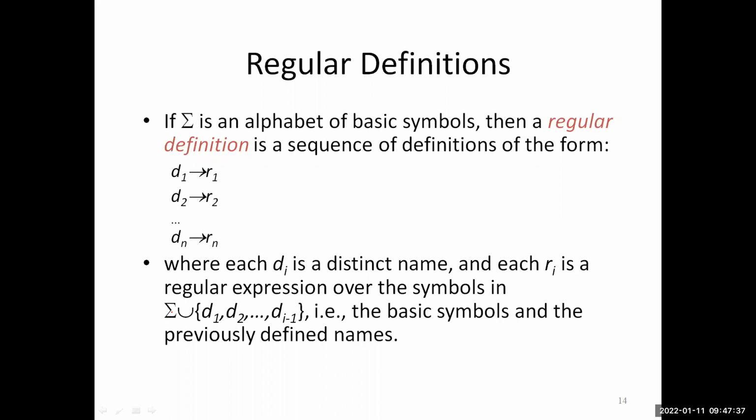If you talk about an identifier, I would define the regular expression as letter followed by (letter or digit) star. Then letter is nothing but A to Z, then digit is nothing but 0 to 9, and so on. This simplifies the understanding of these regular expressions.